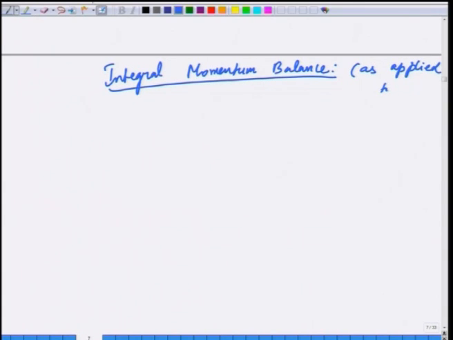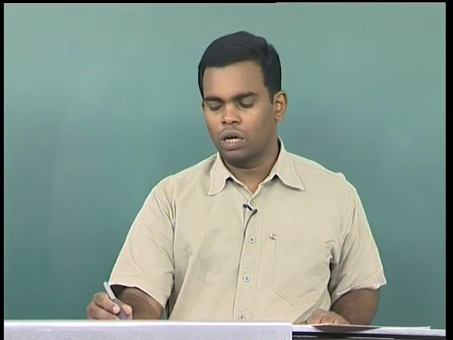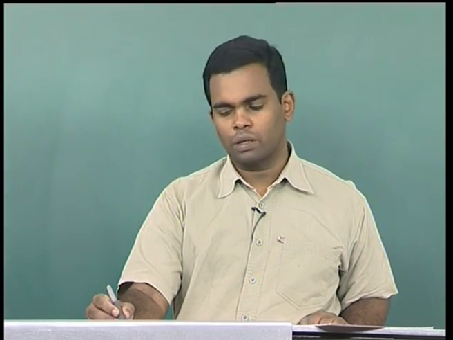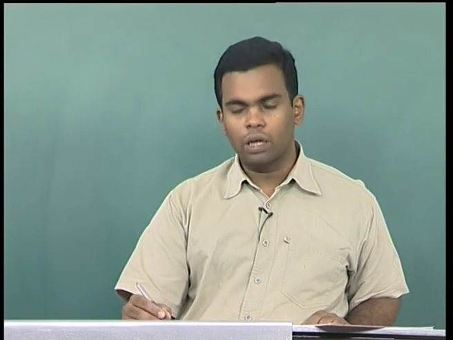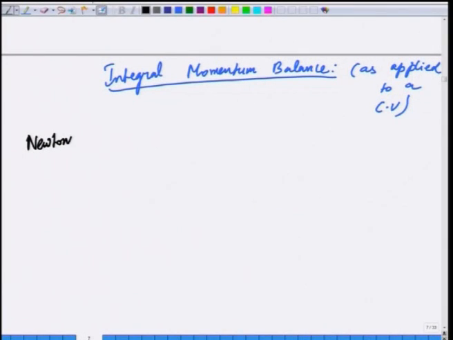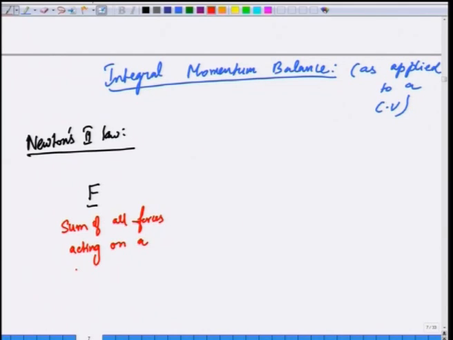We want to derive an integral balance for momentum as applied to a control volume, but we have to go back to the control mass approach, because really speaking the momentum balance rests on Newton's second law of motion, which says that the sum of all forces acting on a body is equal to the time rate of change of momentum that is present in the body.